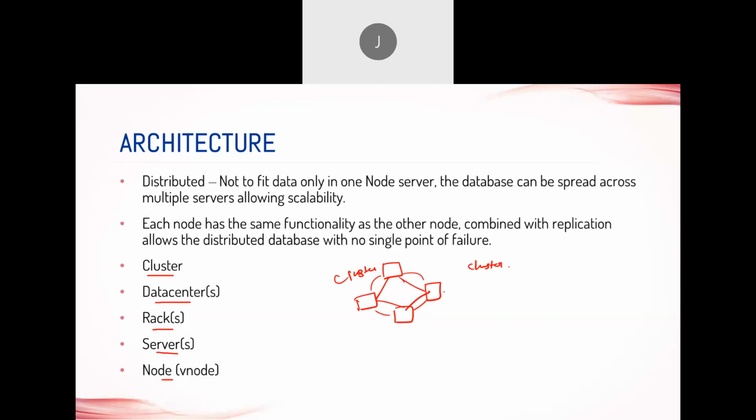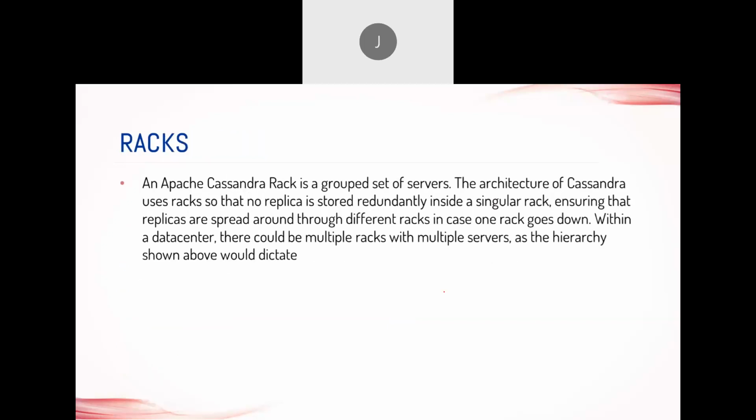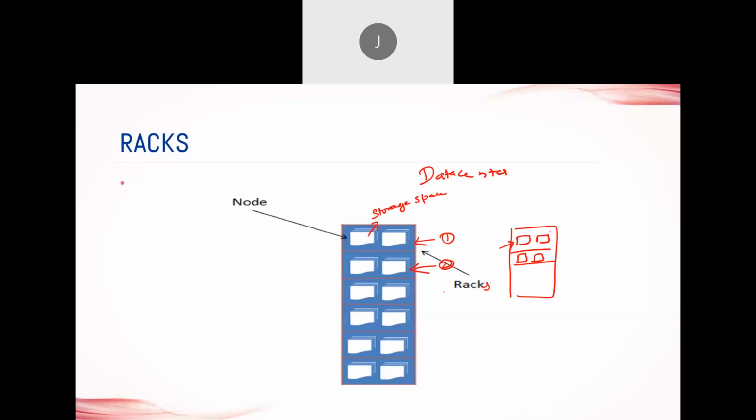It's a peer-to-peer network. In a data center, which can have multiple racks, the data will be stored by similar types. Similar types in the sense of video data, analytical data, or graphical data: a set of data of one type will be stored in a particular data center.